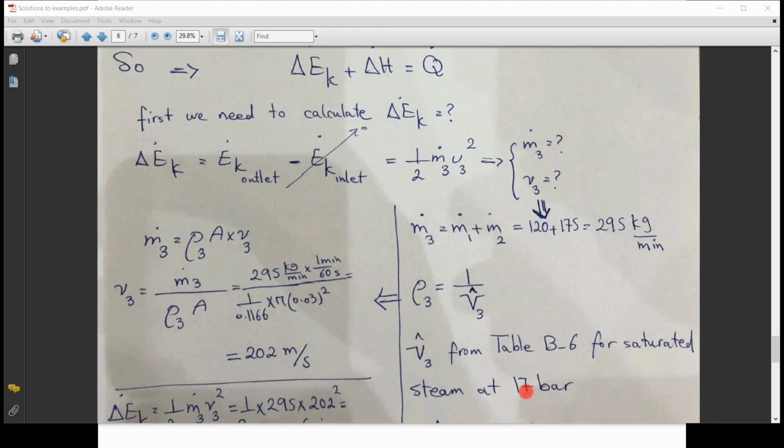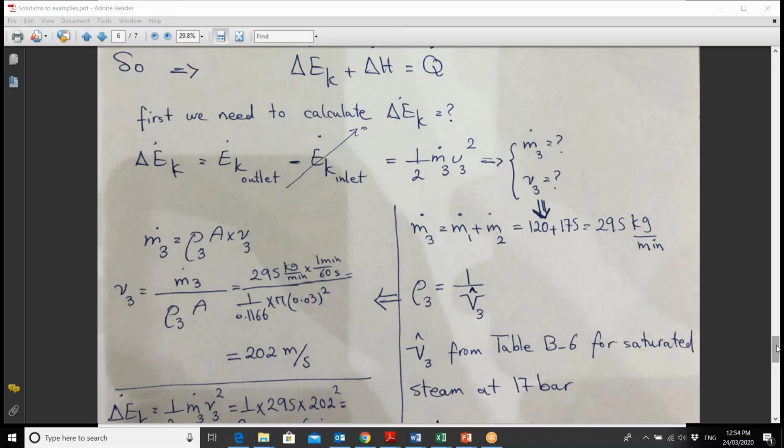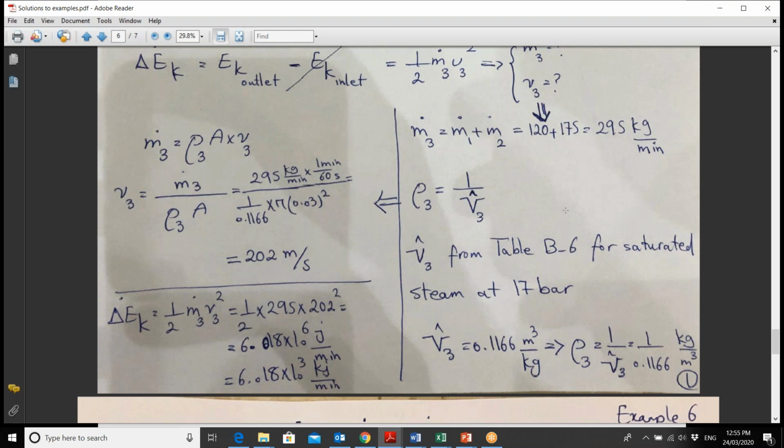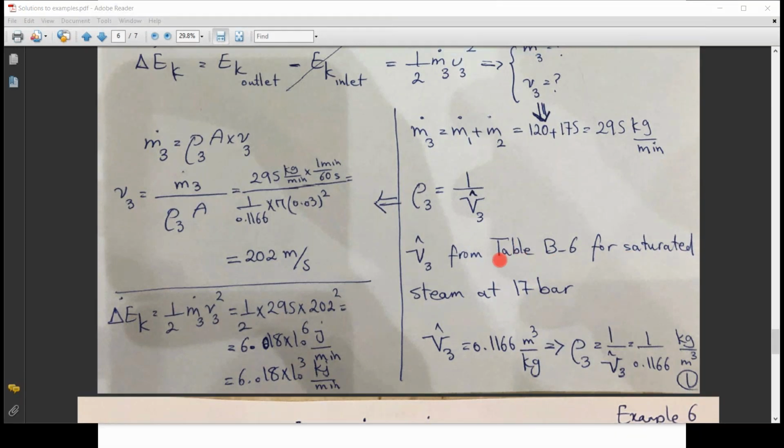The pressure given to us is 17 bar. As long as we have pressure, we have to refer to table B6, because the data there is arranged based on the pressure in table B6. So I just read it from table B6 at 17 bar. A specific volume for steam, right? Because it is saturated steam based on the assumption of the problem. So I read it. This is the value.